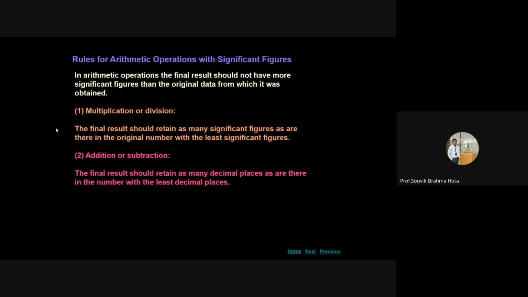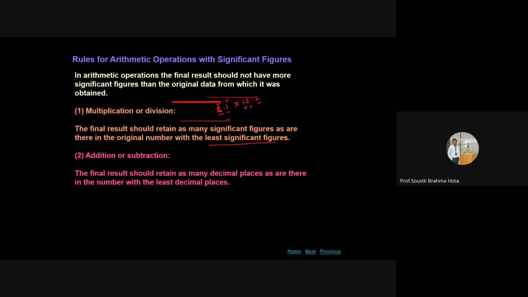Suppose I am considering multiplication or division. Suppose you have 2.1 times 12.2. In 2.1, how many significant figures? Two, 2 and 1, and here it is 1, 2, 2, so 3. So when you do the multiplication, the result should have two significant figures, because the least number of significant figures should be kept.